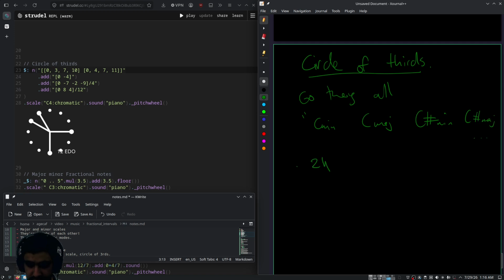So there's 24 of these, there's 12 notes, and we have minor and major. Whereas the circle of fifths goes through the 12 notes only, without having the notion of majors or minors. And so that is pretty cool.